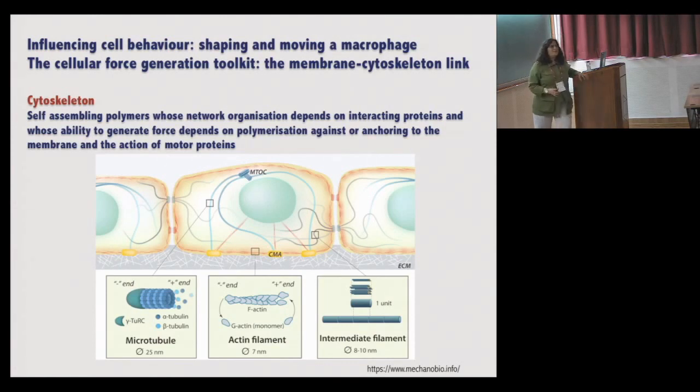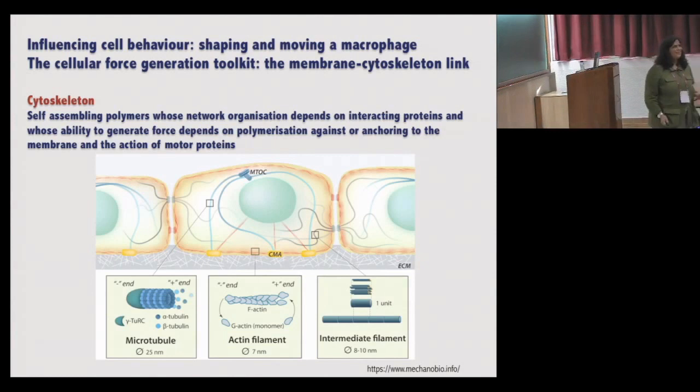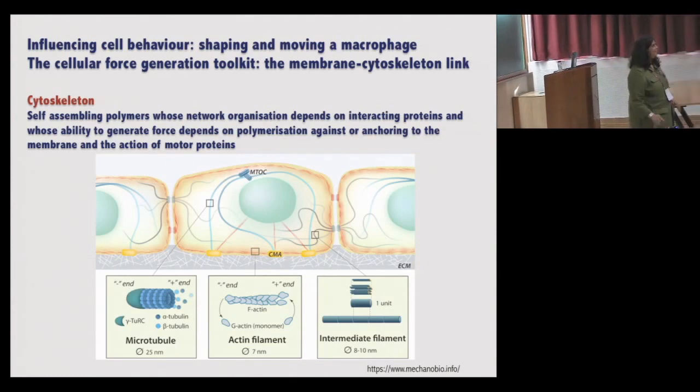So I think what I've told you is what properties of the membrane can allow a cell to change the amount of membrane it has, which can allow it to shrink or grow, change the curvature of it.